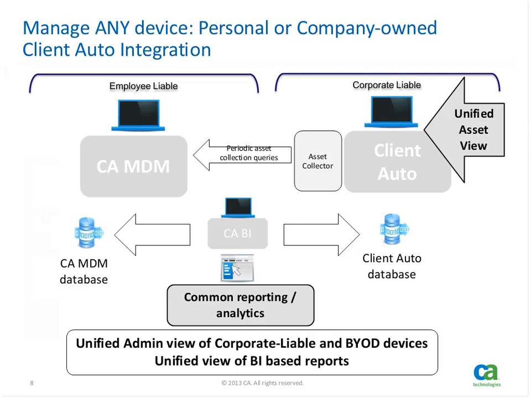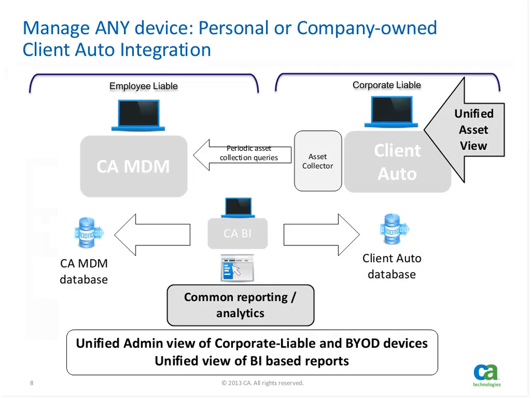So what we have done essentially is we have a series of things that we plan to do, but as the first order of integration, Client Auto basically had two assets in their portfolio, asset collector and asset converter.